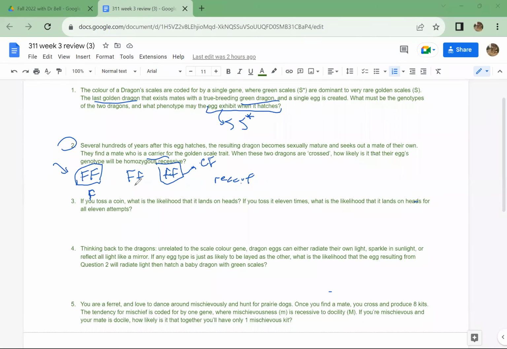But this individual here, they have one dominant allele, which means that they don't have any of the characteristics associated with cystic fibrosis, but they also have an allele that does code for those traits.